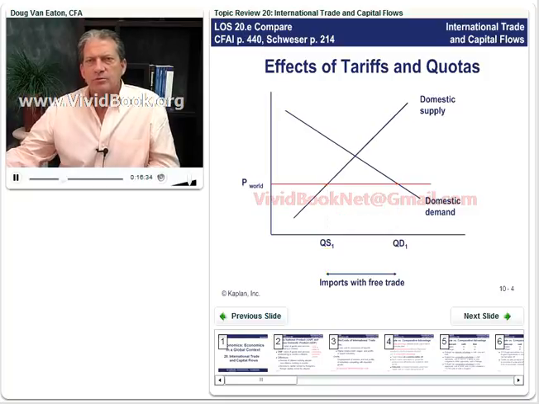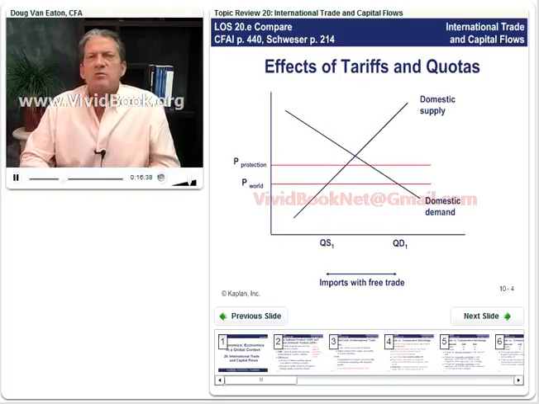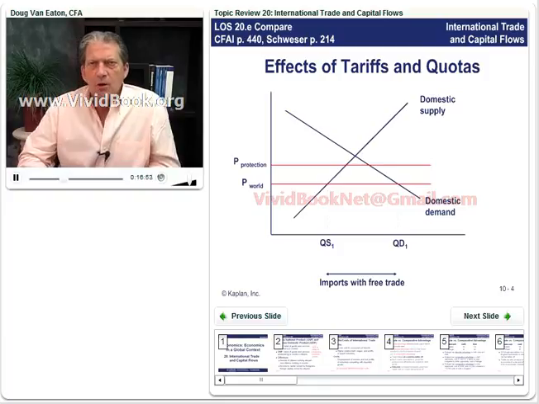So now we're going to put some trade restrictions on. And those trade restrictions are going to be such that we've increased the price domestically, not the world price, but the domestic price, okay, by that amount, shifted it up to that protection price there. Well, now we can see the imports are going to be less. Now, there's a couple of ways we could do this.